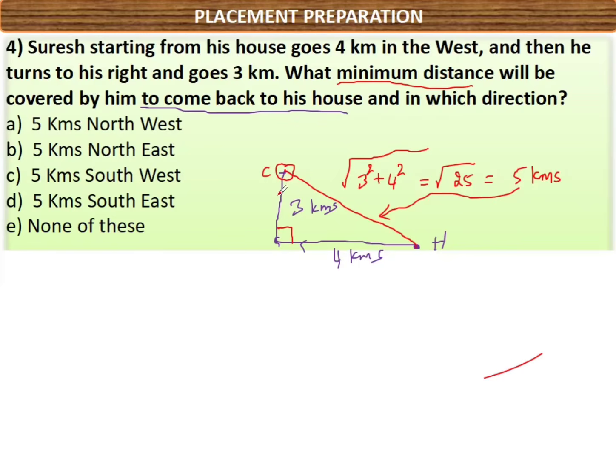It is in between downside and right side, so it is in between south and east. So your answer will be 5 kilometers southeast. Option D.